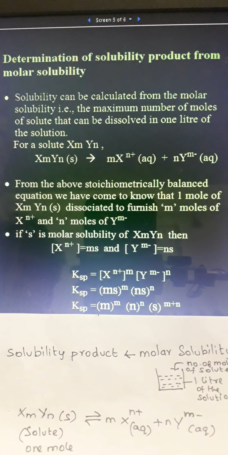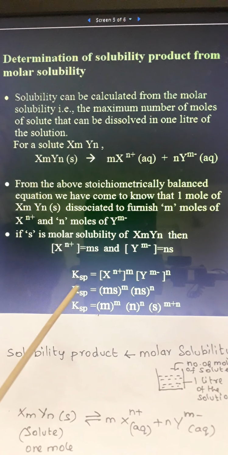If S is the molar solubility of the XmYn solute, then the concentration of X^n+ is mS and the concentration of Y^m- is nS.